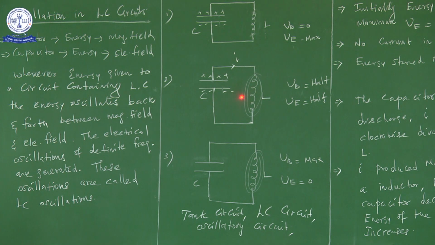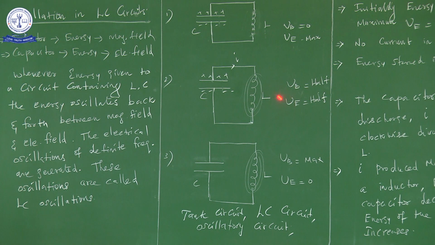Then after some time the capacitor loses some charge, so let us assume 50%. The charge of the capacitor is reduced by half. The charge moves as current through the inductor, the inductor receives the current, and it is converted into magnetic field. So now the total energy is half in the magnetic field and half in the electric field.